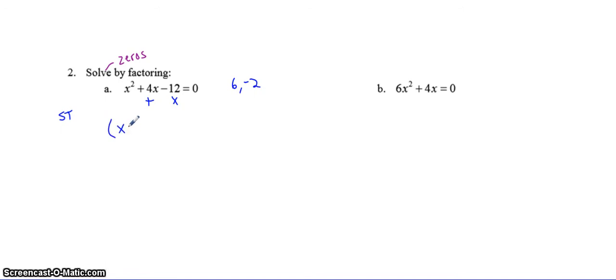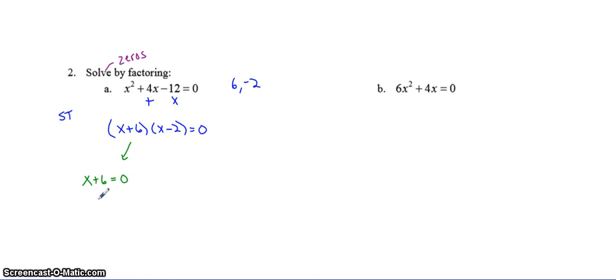So since it's a simple trinomial, you just have to put those numbers straight into the brackets. Then to find the zeros, anytime it says solve, you have to go further and find the zeros. You have to take each bracket, set it equal to 0, and solve for x.